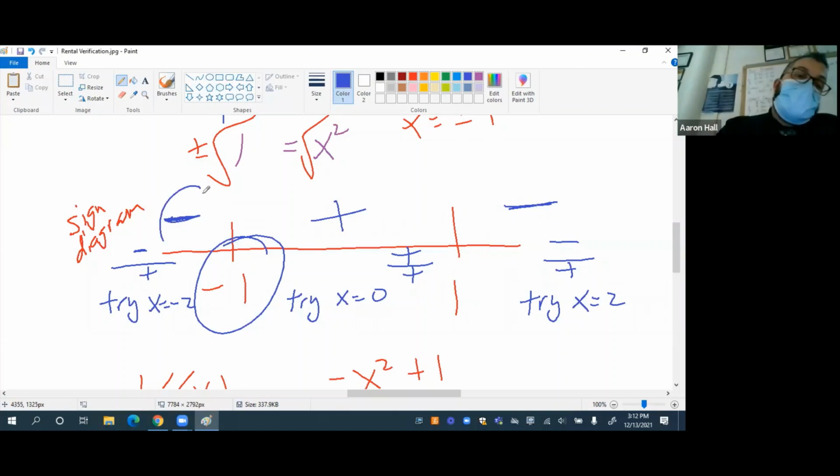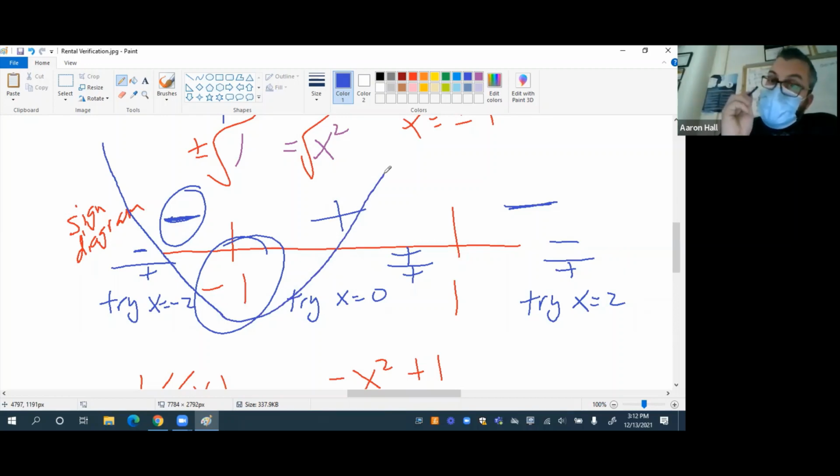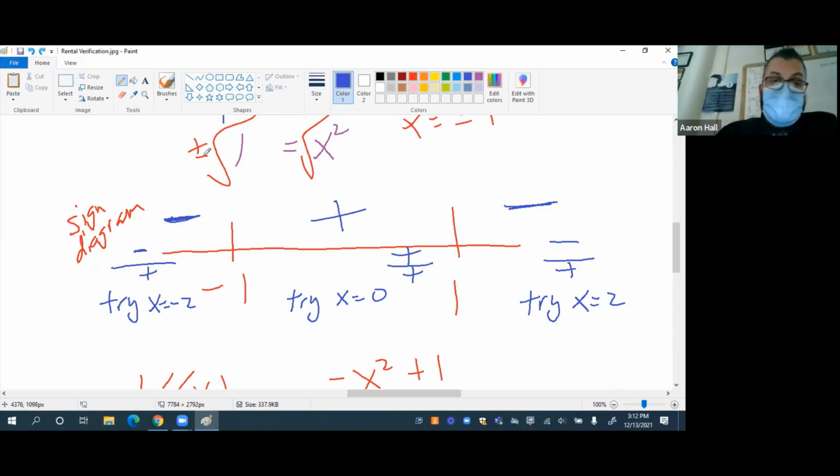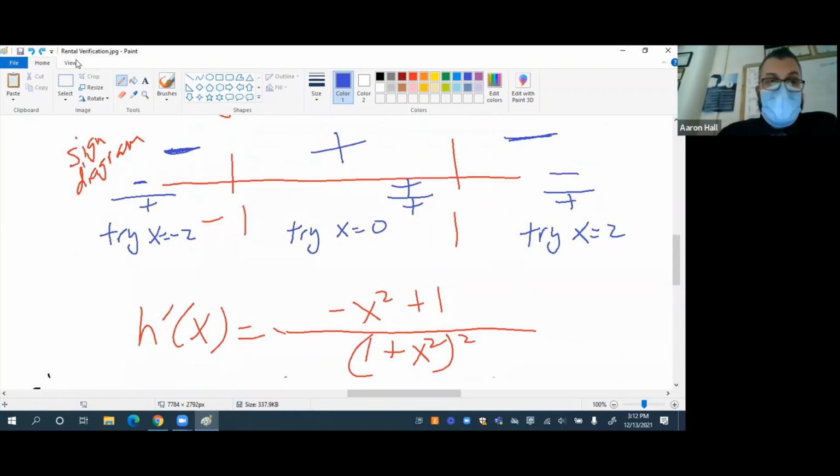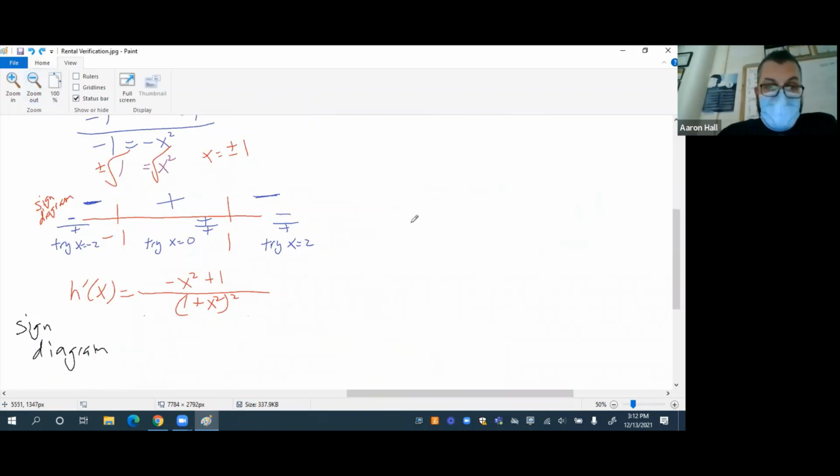It's a minimum. Yeah, we have a slope that's negative, so the graph is going down, down, down, and then it becomes positive. So that's going to be a minimum. X equals -1 is a minimum. What happens when x is 1? It's a maximum. So let's zoom out. I know that x equals -1 is a min, and then x equals 1 is a max.